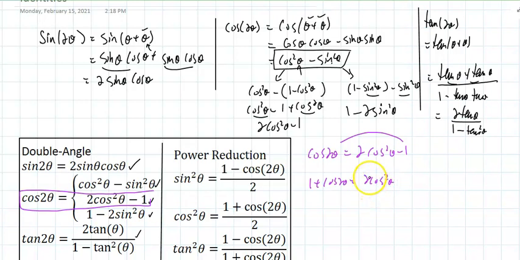And I would divide by 2 both sides. I'll get the cosine squared of theta to equal 1 plus the cosine of 2 theta divided by 2. That is this identity.